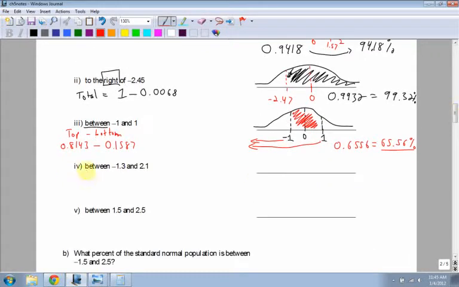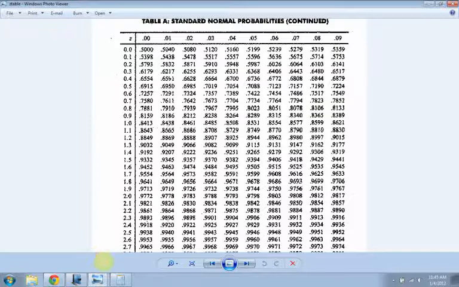Same thing, so I have between -1.3 and 2.1. So again, I take the top minus the bottom, and the top value is 2.1, so I'm going to have to look at my positive Z table, 2.1, and it's just 2.1, so it's going to be 0.9821.